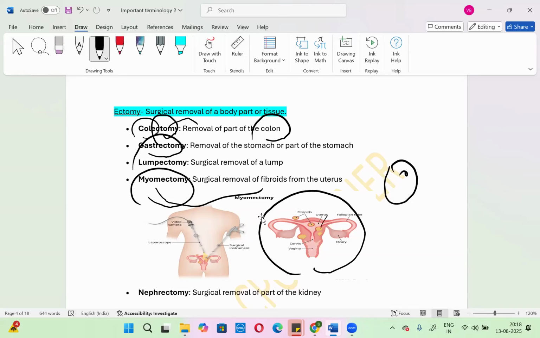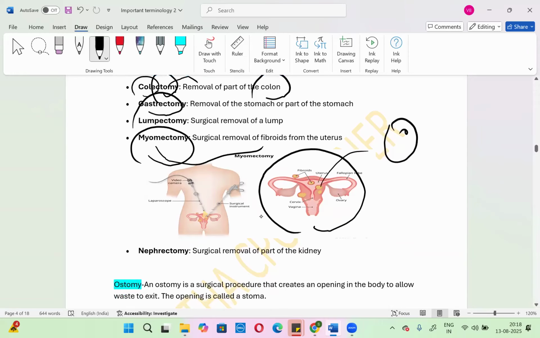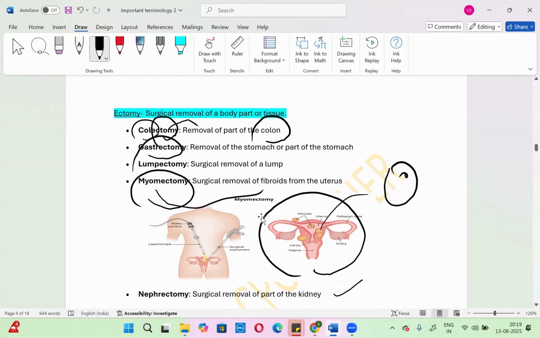So in the medical language, we call it a myomectomy. Okay. Next comes nephrectomy. Now ectomy is a removal. Nephro is what? Kidney. So they are removing the kidney. Okay. So in this way, ectomy terms will be there.